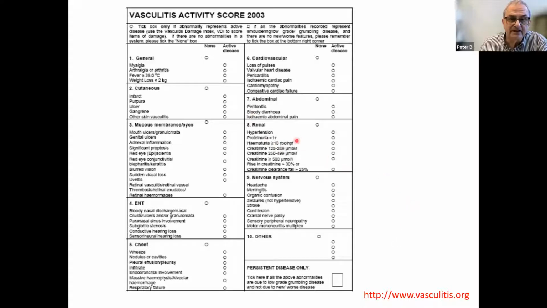So renal, there is a lot of extra scoring and grading for renal involvement, which is the most common and severe organ involvement in the disease.